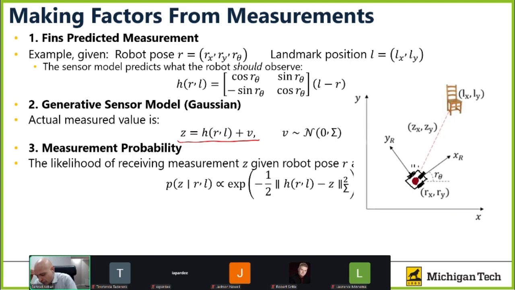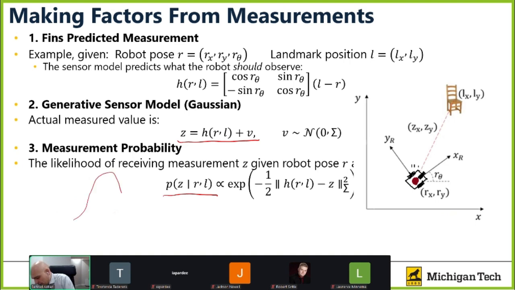We just need to find the likelihood. This is the likelihood of measurements given the unknown states R and L. And what this shows is that if the predicted measurement is close to the real measurement, you are so lucky, more lucky actually. The likelihood is higher because of this exponential. Exponential is like this, you remember?